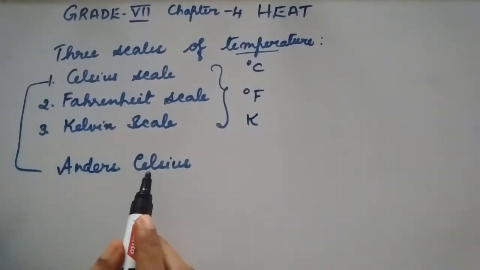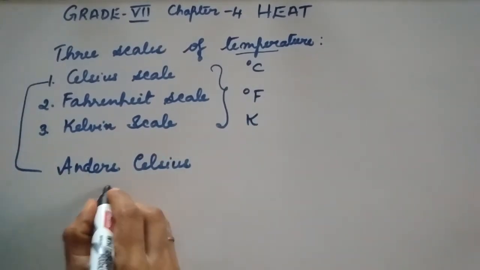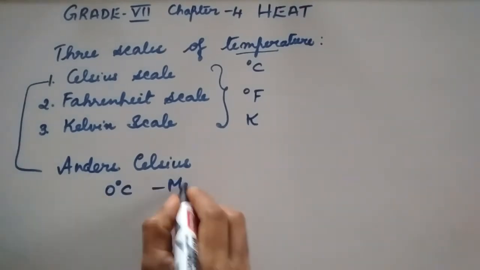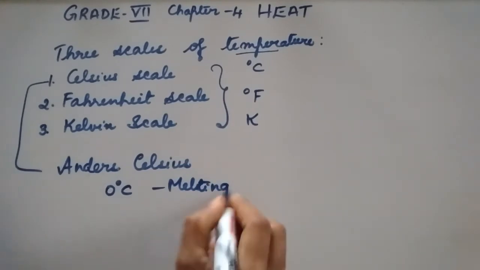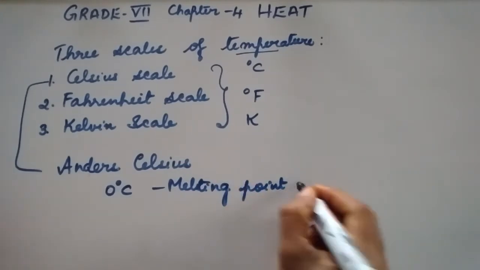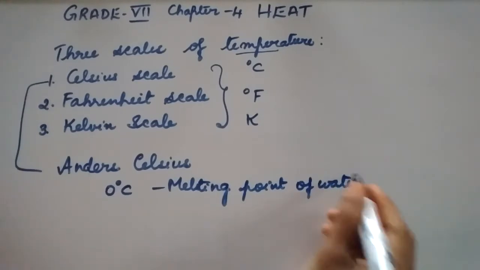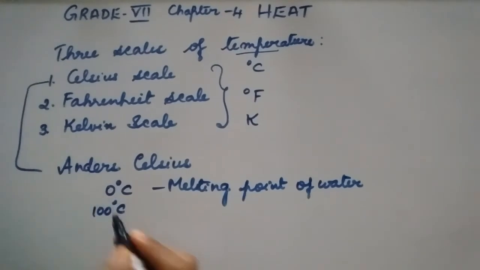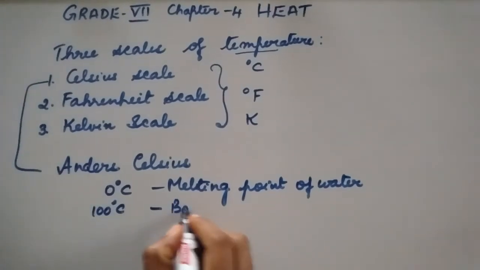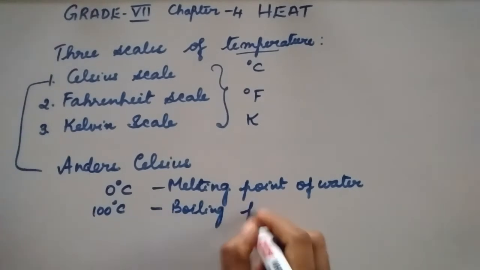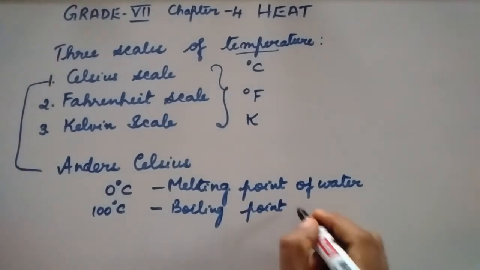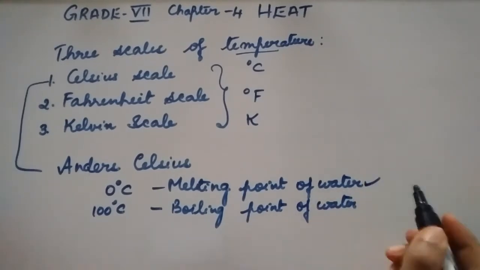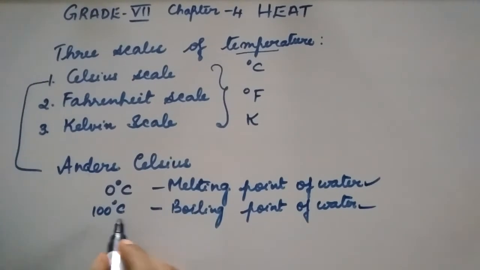So the Celsius scale uses 0 degree Celsius as the melting point of water, which is the lower fixed point, and 100 degrees Celsius as the boiling point of water, which is the upper fixed point.